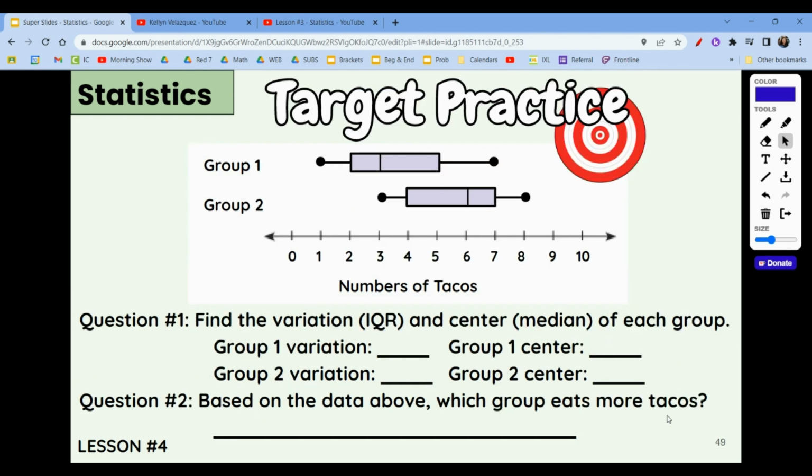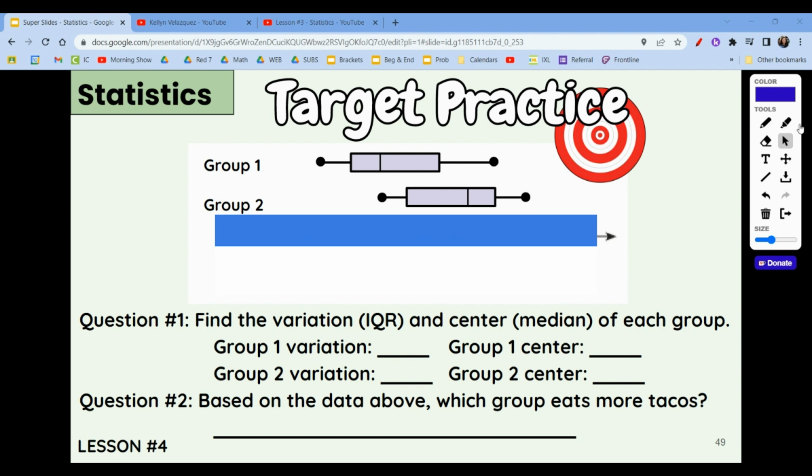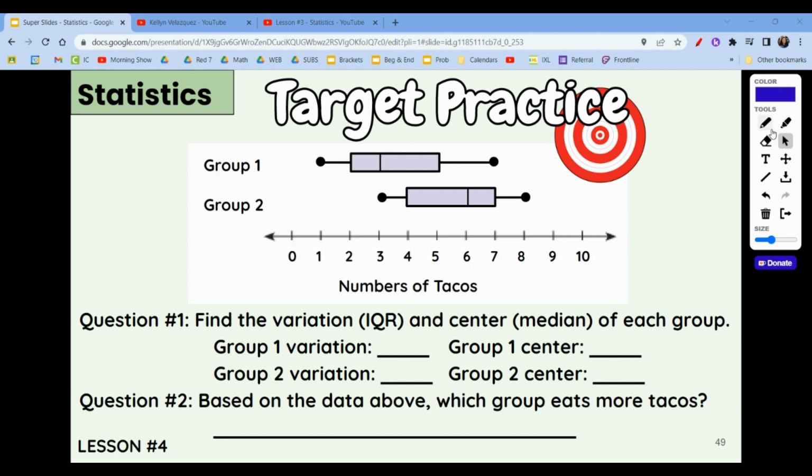All right, target practice. Please pause this video and then unpause the video to check over your answers. All right, group 1's variation would be 5 minus 2, which is 3. Group 2's variation, which would be 7 minus 4, which would also be 3.